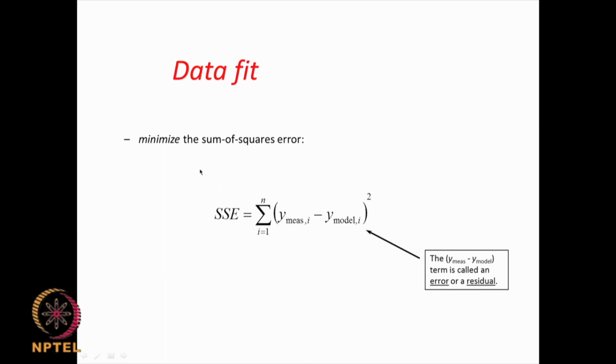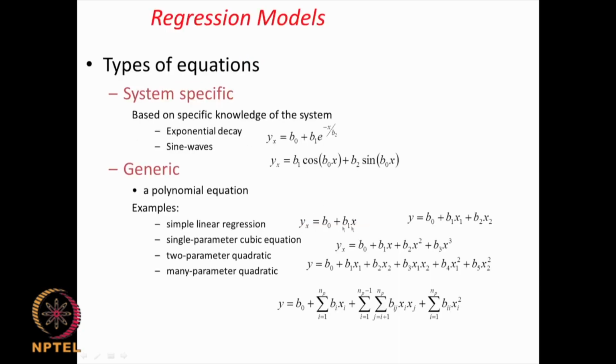So, what you are doing is you are trying to minimize the sum of squares of the error. What is the sum of squares of the error? It is the data measured and what the model predicts. For any given value x the model will predict a y.